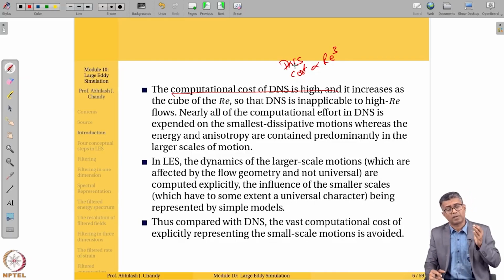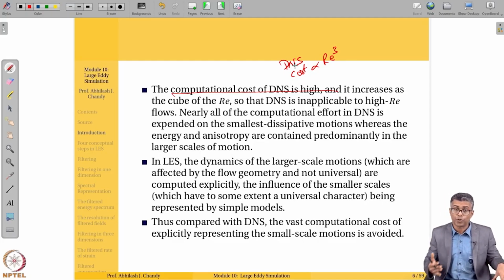Of course, as discussed in module 9, computers have gotten much faster over the last 10-20 years. So yes, can we do more DNS calculations at higher Reynolds numbers than we could 10 or 20 years ago? Absolutely. We still cannot apply DNS to extremely high Reynolds numbers.